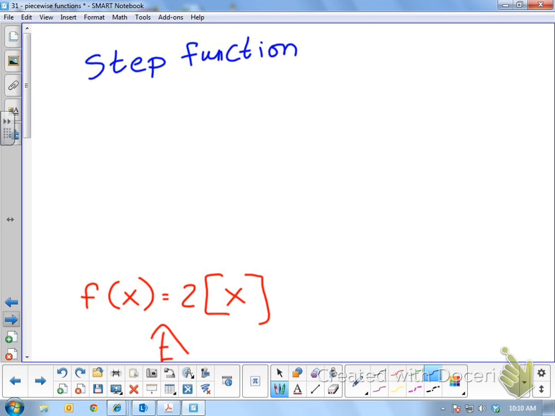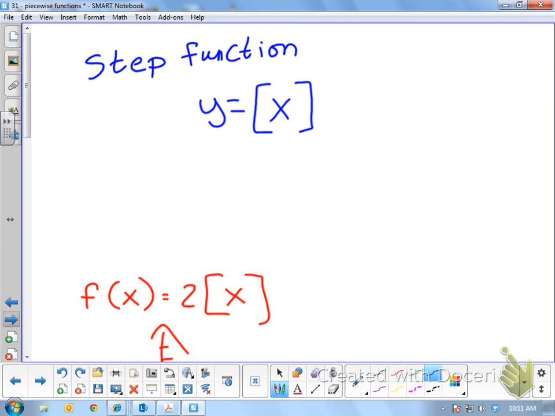So with the step function, it has a whole new notation that you've never seen before. If you look in that blue box, it gives a lot of information about the step function. And then it says y equals, and it gives us brackets around our x. Those brackets tell us to do something mathematically. So this is the step function, or you could call it the floor function, or you could call it the greatest integer function.